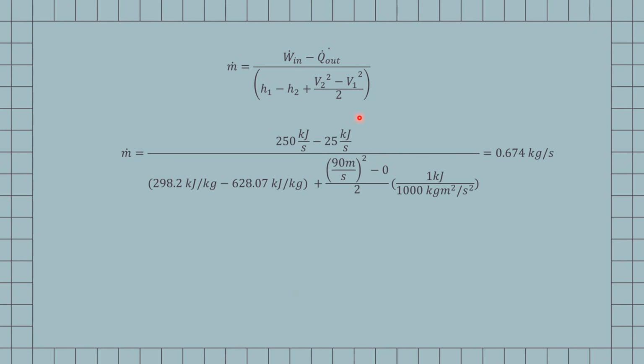We continue to calculate until we get the answer 0.674 kilograms per second. But please don't forget to change the units of this information, because 1 kilojoule equals 1000 kilogram meter squared per second squared. That's all from me. Thank you.